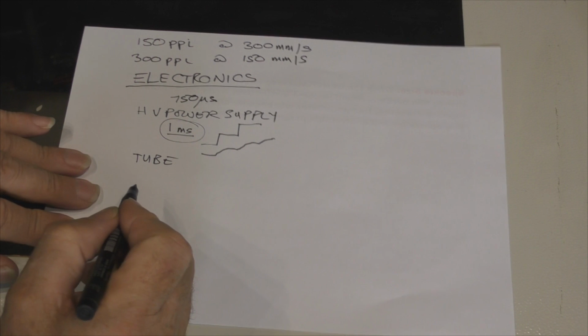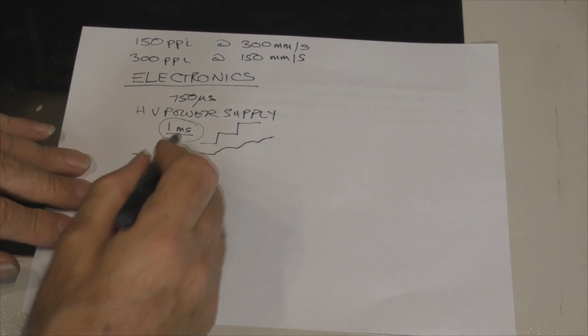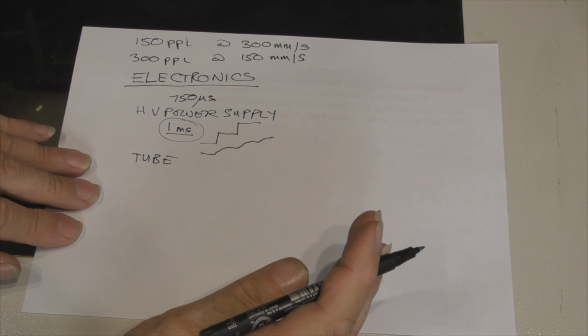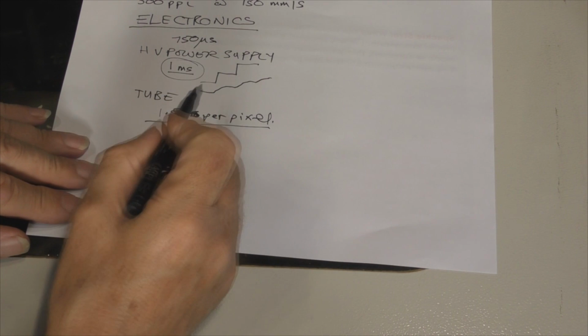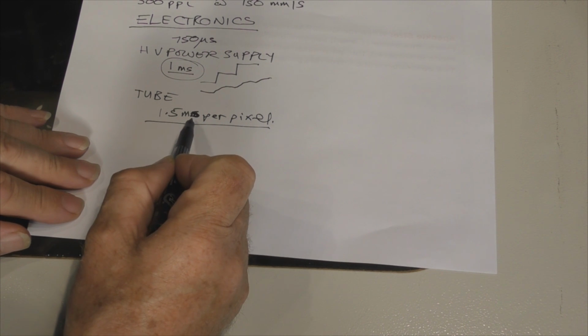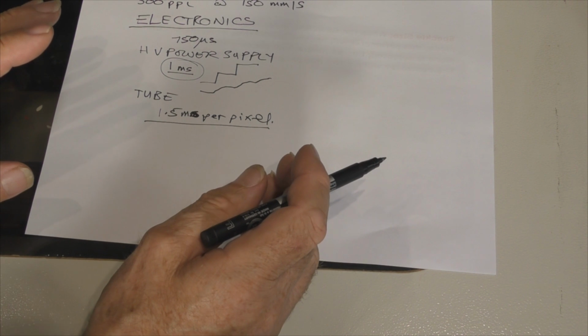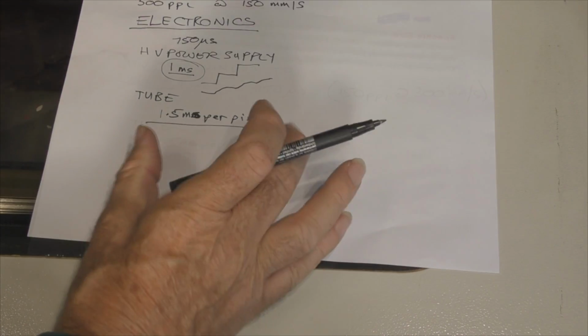I have not got the ability to measure what's happening in that tube on the high voltage side, so there's no way that I can ever know for certain. Chip Williams has got kit that can do that, and he might be able to help me at some stage, but maybe we can only see pixels if they're more than 1.5 milliseconds long. And even then, we can't really say what shape they're likely to be. We might be able to just distinguish between pixel steps, but not the length.